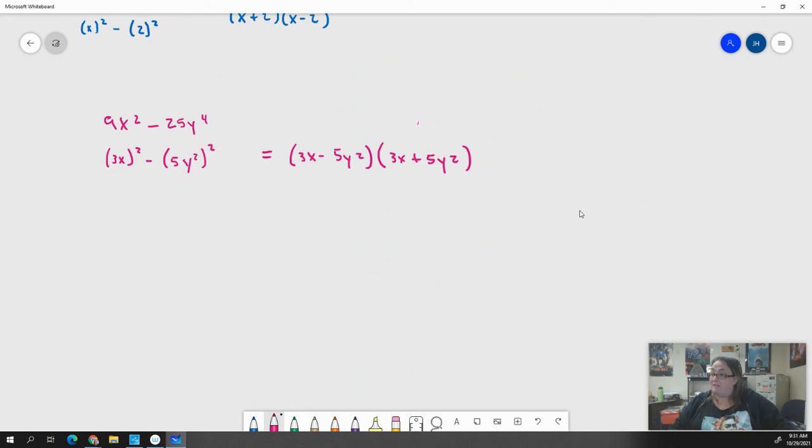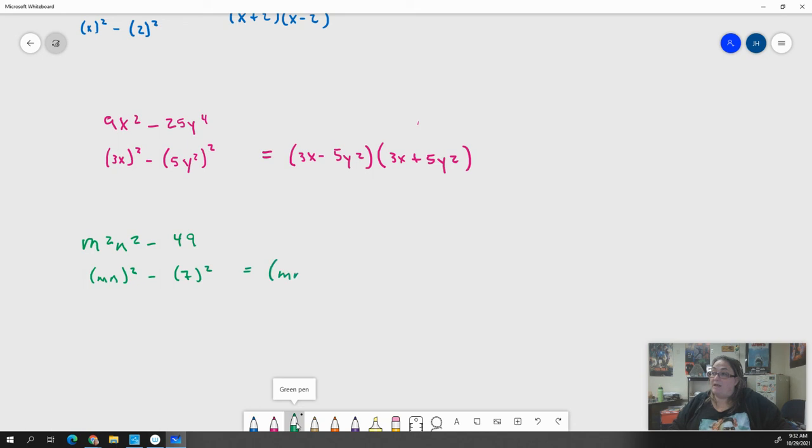What if I had something like m squared n squared minus 49, right? If we looked at this, we go, well, this is just m times n squared minus 7 squared.